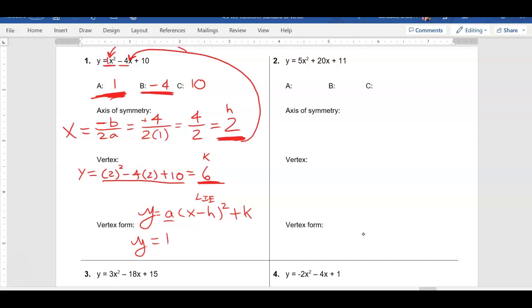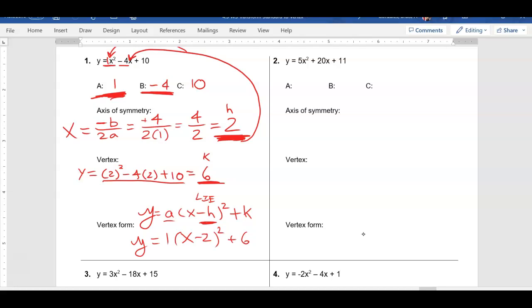You just usually don't see it. But I'll write it this time just for fun. All right, what's going to go here? X and then the opposite of h. What's the opposite of this h? Minus 2. Does everyone see? We got a positive 2 up top for h, so it's going to be a minus 2 down here because it's an insider. Insiders lie. And then what's my k value? Plus 6.